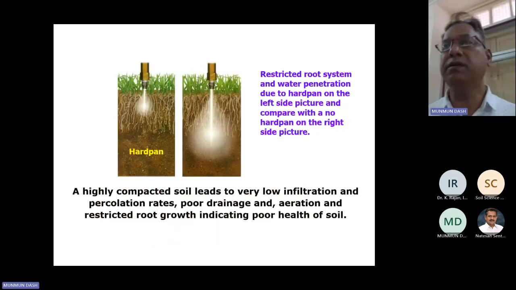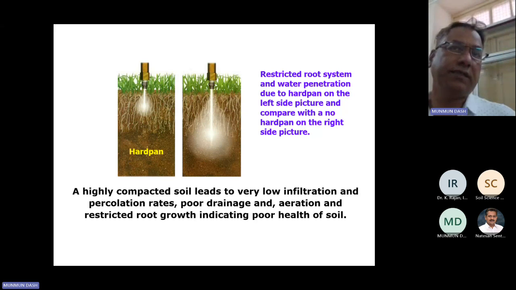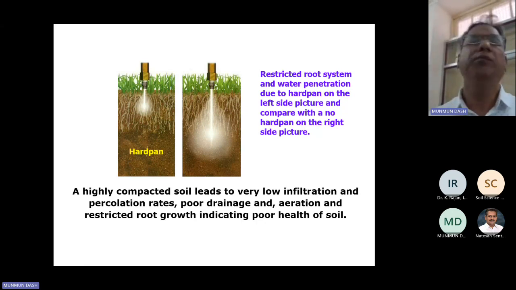Another important indicator is compactness. Compactness depends on several factors: pore space, bulk density, particle density, and several other physical parameters.